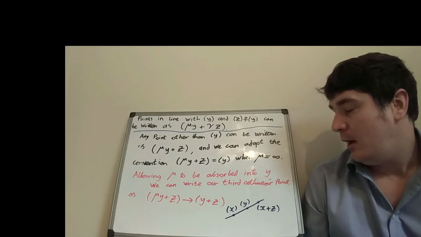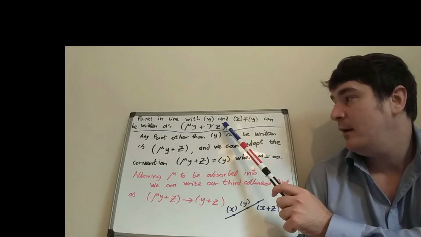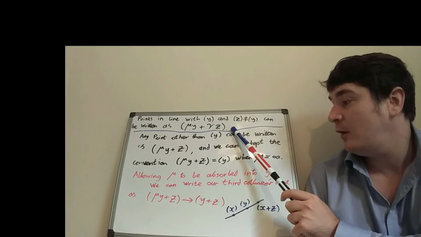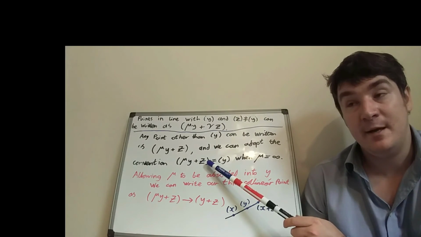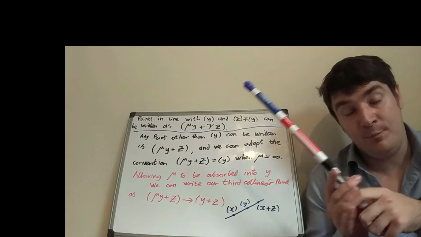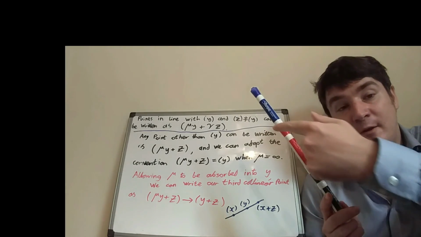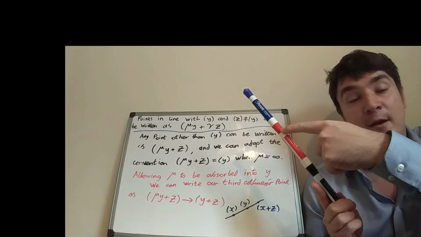Now, we can actually go further. So we started off with this two parameter description of the set of points on a line. Now we've got a one parameter description. It turns out that we can describe, so say we have a couple of distinct points y and z on the line with homogeneous coordinates y and z.